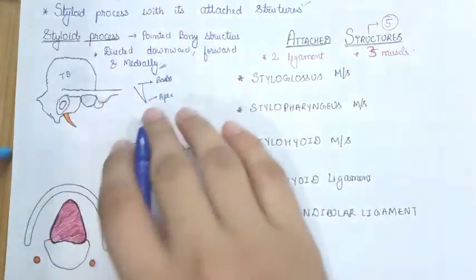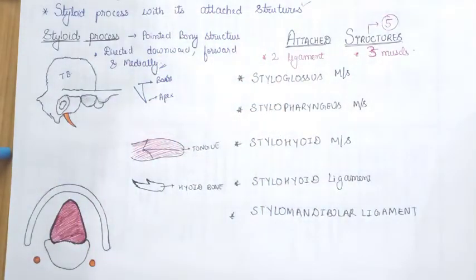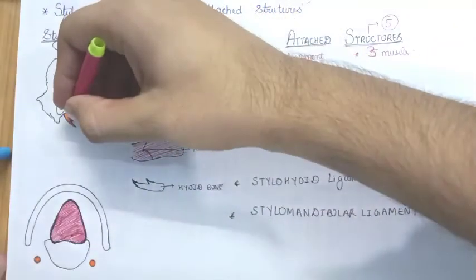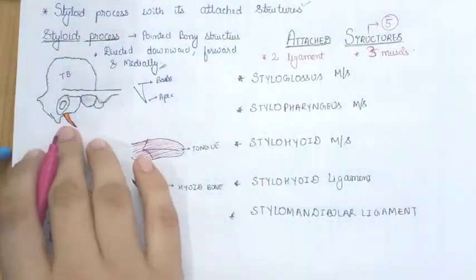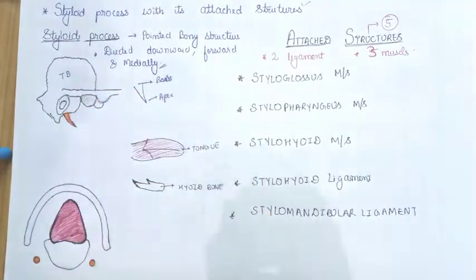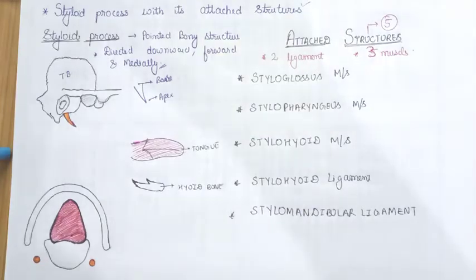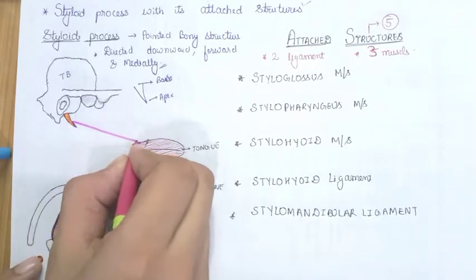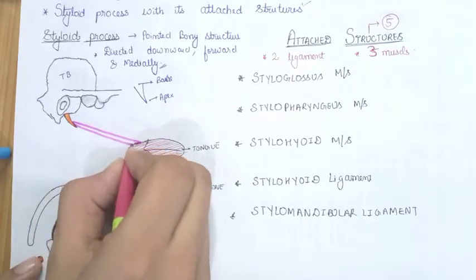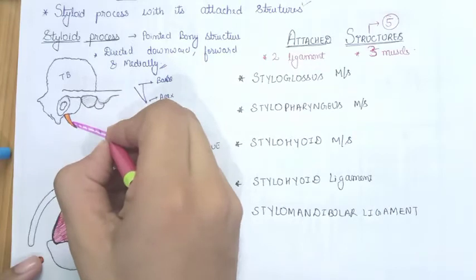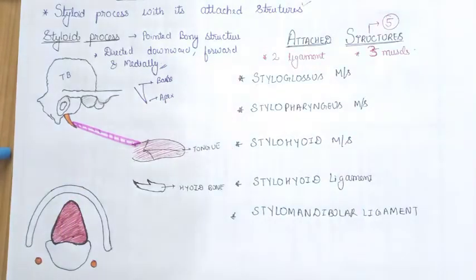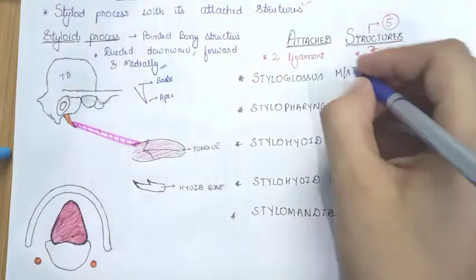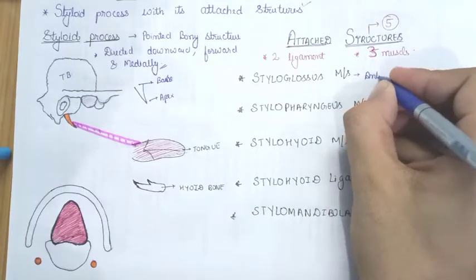Now the muscle we are going to discuss, styloglossus, originates from the anterior surface of the apex over here, and is inserted into the sides of the tongue. Okay, the muscle is attached to the side of the tongue like this. So which muscle is it? It is styloglossus.